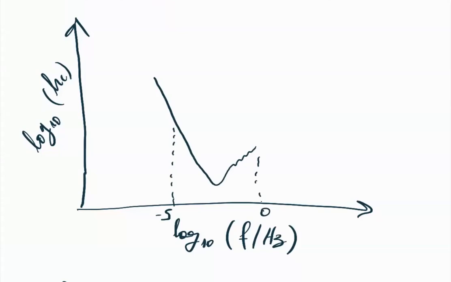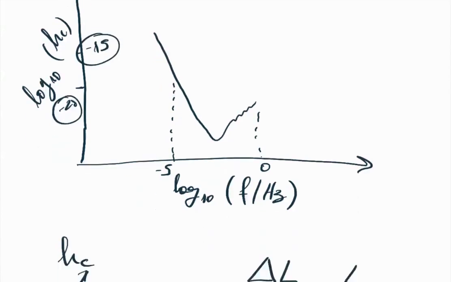So for these kinds of values, you get, let's say, 10 to the -20 should be around here. So this is -20. And in reverse order, so increasing, we have here -15. So what do this -20 and -15 mean?